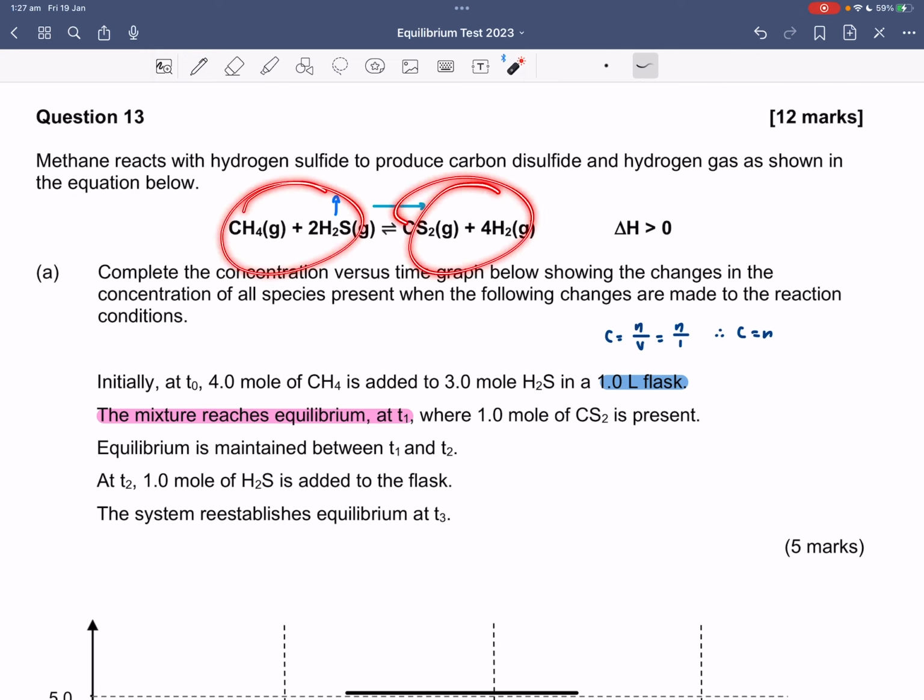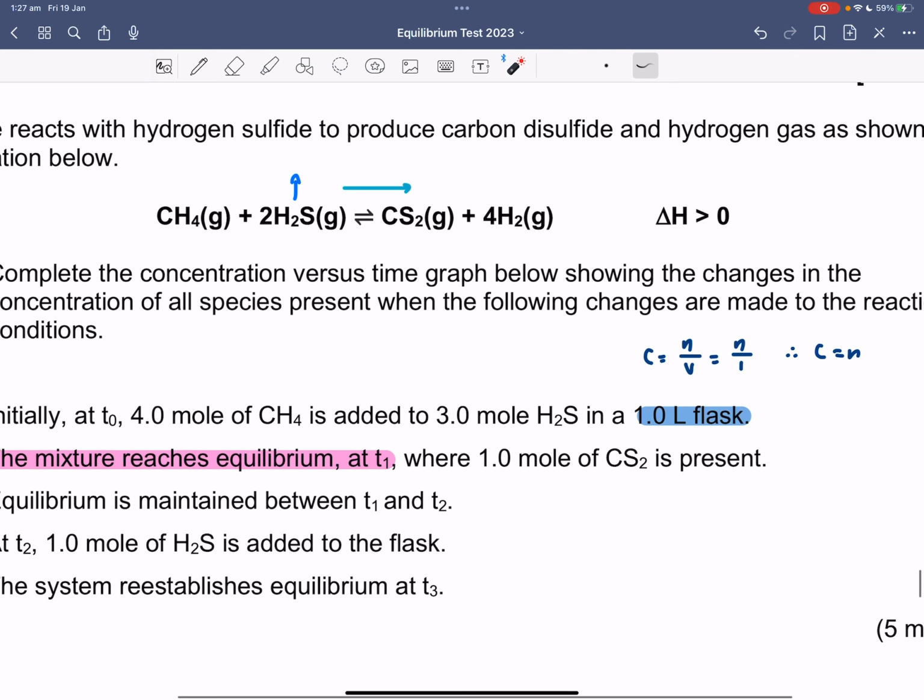Because there are species on both the reactants and the product side, and all of them are in the K constant, it is not a full counteract, it's just our normal partial counteract question types. So if you favor the forward reaction, this one partially decreases, this one decreases, CS2 increases and H2 increases.